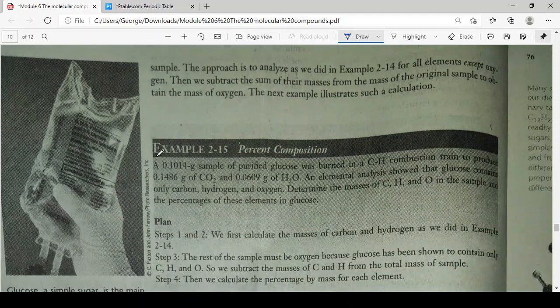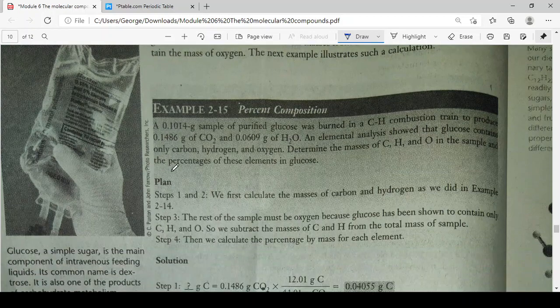So first, kids, we are looking at your example 2.15, your percent composition in another example. Example 2.15 is also an example of a percent composition. A 0.1014 gram sample of your purified glucose was burned in a CH combustion train to produce 0.1486 grams of our carbon dioxide and 0.0609 grams of our water.